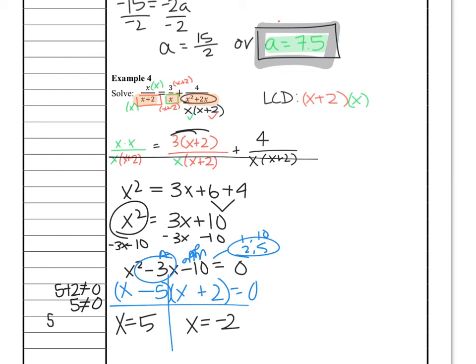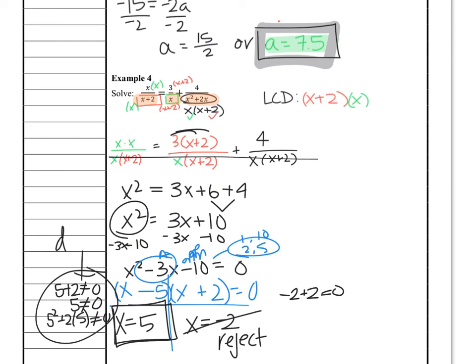If we plug it into the third, we have 5 squared plus 2 times 5, which is also not 0. However, if I check the -2, we would have -2 plus 2, which is 0. So I have to immediately reject the -2 and only keep the 5. And again, this was because I was plugging into the denominators.